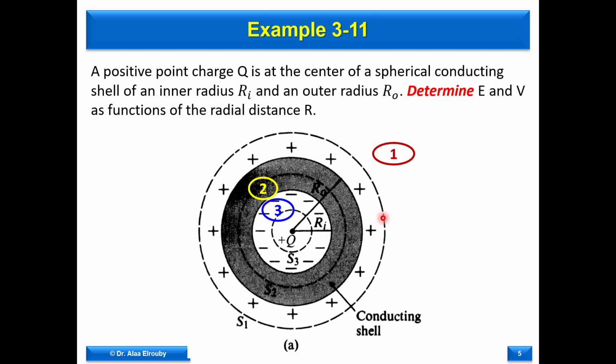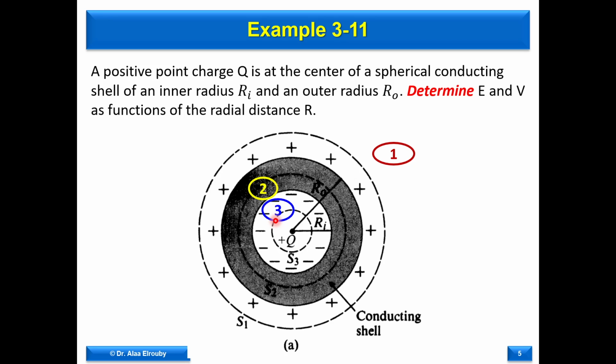Everything will depend just on R. We also need to consider three different regions. Region 1 outside the sphere, region 2 inside the body of the conductor shell, and region 3 which is inside the conducting sphere. And we need to solve.